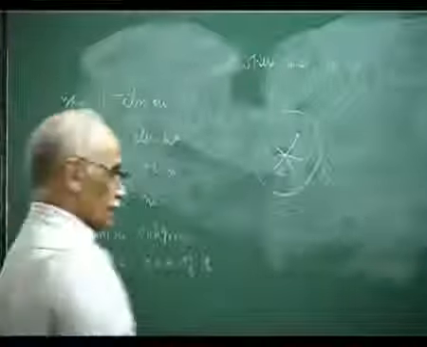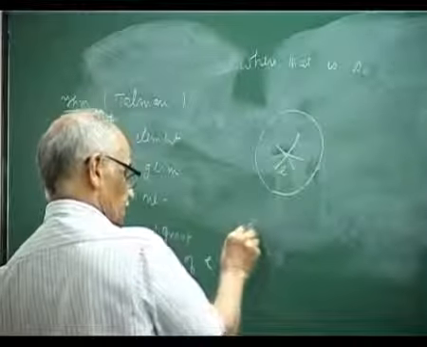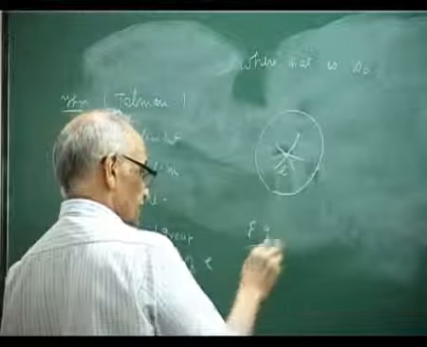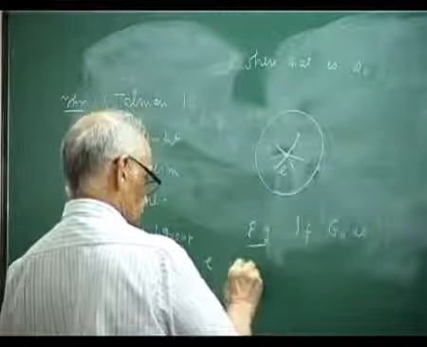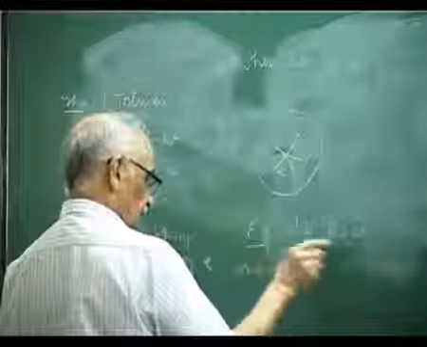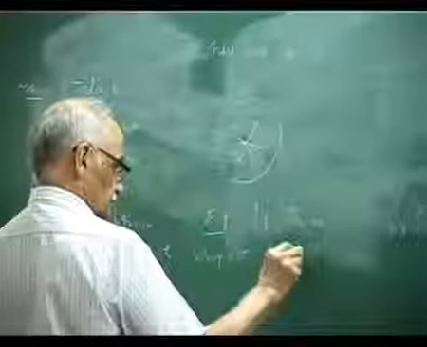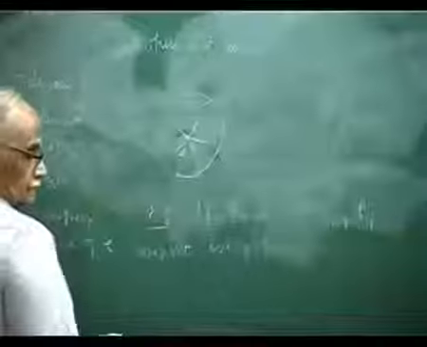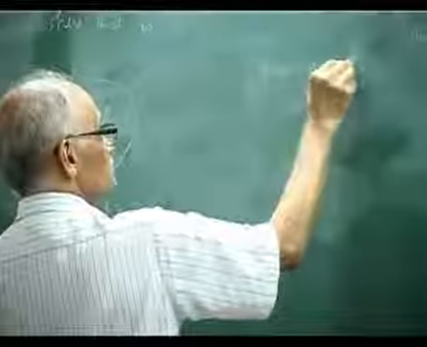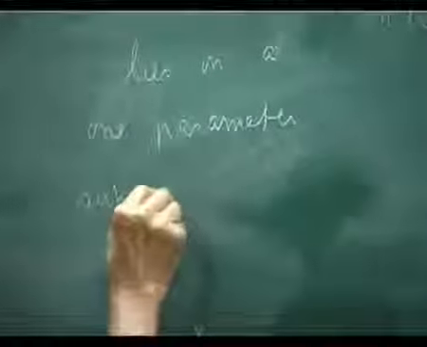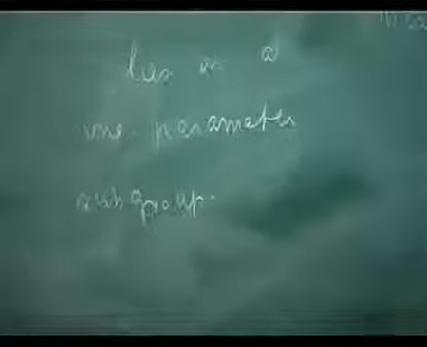Now, I gave you an example here for SO3, but it is a fact that if G0 is compact, so it is connected, every element lies on a one parameter subgroup. That is so for SO3.